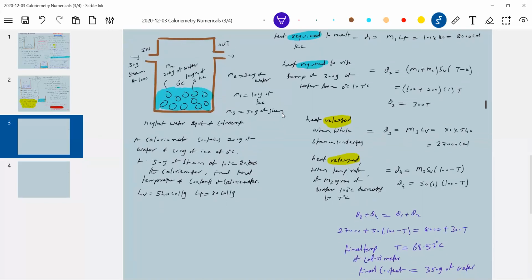Okay, I can also give a block diagram for those who are finding it very difficult. So this is 100 grams of ice at 0 degrees Celsius.